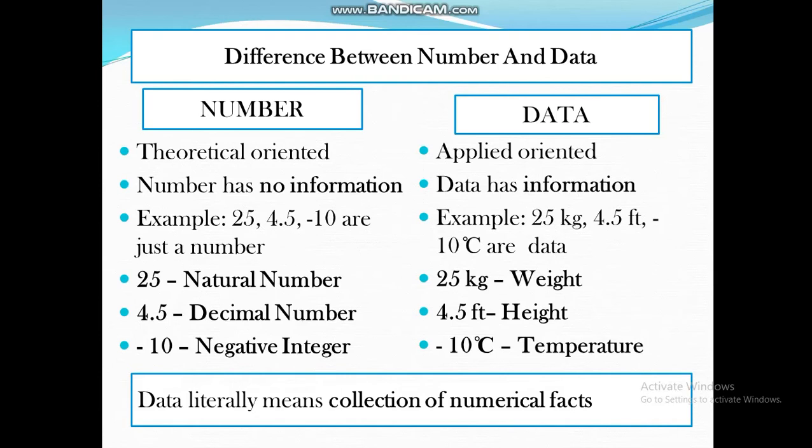So a number does not have any information, but data has information. In statistics we mainly deal with data, not numbers. In mathematics we deal with numbers. Data literally means a collection of numerical facts.